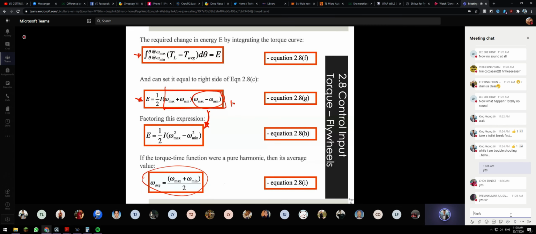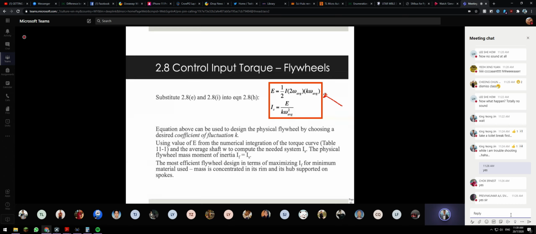This will be k omega average. Omega max plus omega min, we will get 2 omega average. So that's why here we get this equation.